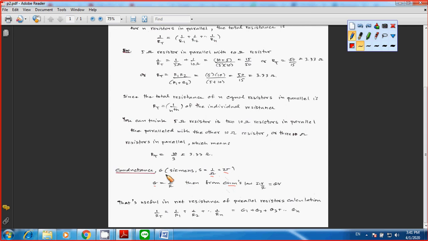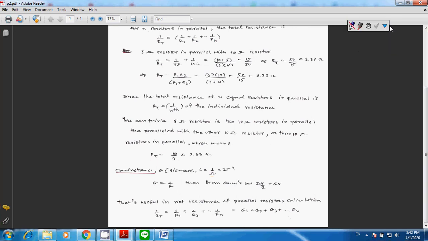But most often they call the unit of G Siemens. So when you apply this to the total of resistors in parallel, you end up with G total equal to G1 plus G2 plus G3 and so on plus Gn, if you have n resistors in parallel. So that's something about conductance.